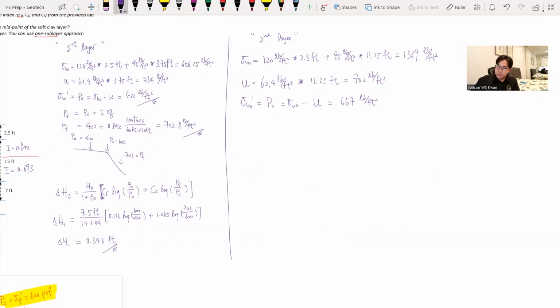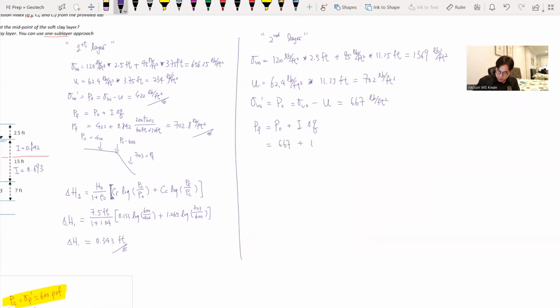But anyways, the next task, like the previous first layer example, is that the final stress will be equal to the initial stress plus the I times delta Q, and the P naught in this case is 667. And the I value is 0.693, and the delta Q again is the 200 tons divided by the area of the footings.